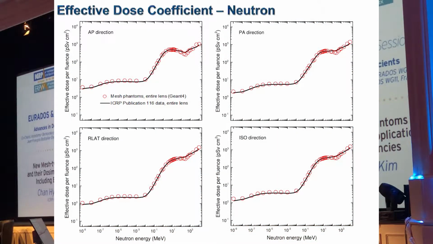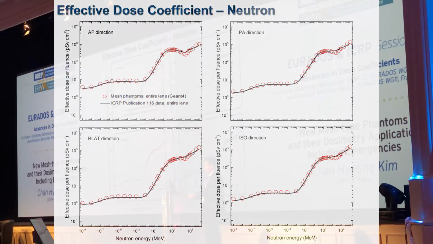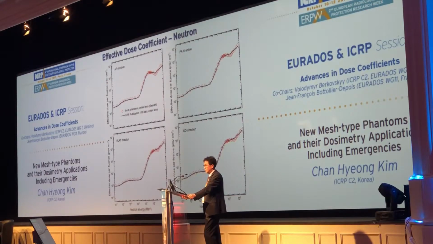This slide shows the effective dose coefficients for neutron. Again, the mesh phantoms provide very similar dose values with the current ICRP reference phantoms. In this case, the difference is a little bit larger, but still less than 20 to 30%, and it's not because of the difference in phantoms. It is because we are using different Monte Carlo codes.